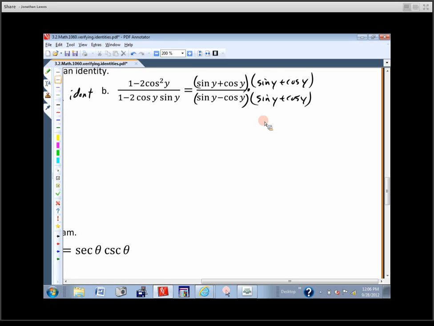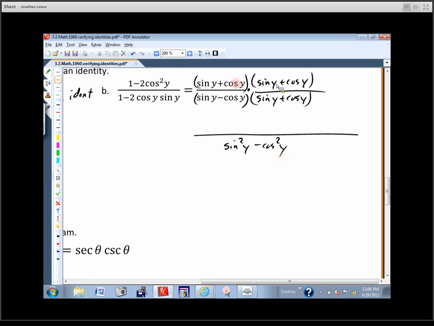A really funny looking 1. So let's go ahead and multiply these together. Now notice on the bottom, and this is why if you're good at algebra, this is much, much quicker. These have a name, difference of squares, and if you know immediately that that's going to be sine squared y minus cosine squared y, you're in much better shape.